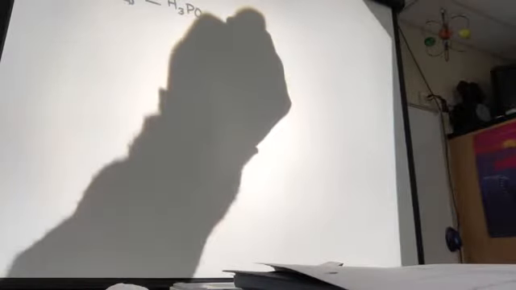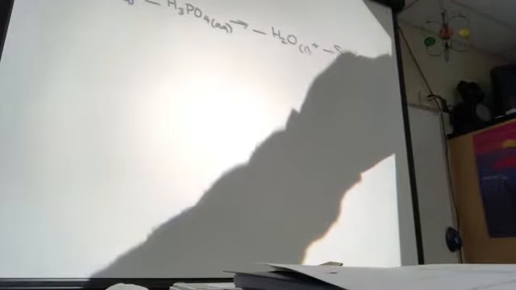All acids are aqueous. And it's going to make H2O liquid plus Sr3(PO4)2 solid. First thing I want to do is balance it. How do I balance this?